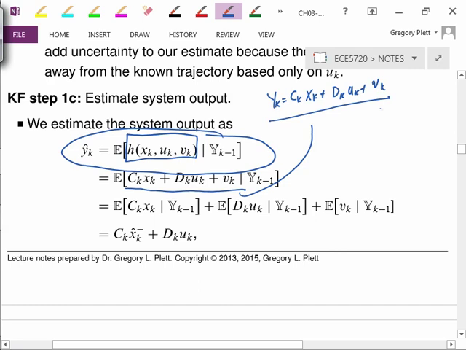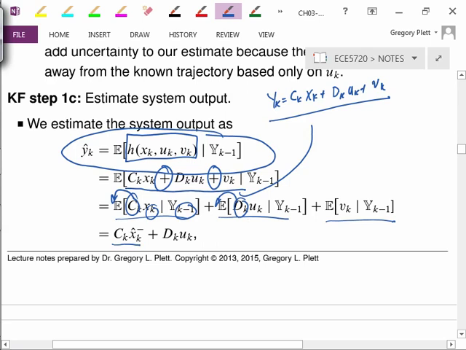And then we take advantage of linearity of expectation. This is a summation of term 1, term 2, term 3. And C and D are known matrices, so they come outside of the expectation. The first expectation then becomes C times the expected value of x_k given y_{k-1}. That's a prediction because that's a previous time step, that's a present time step. So C times x hat k minus.